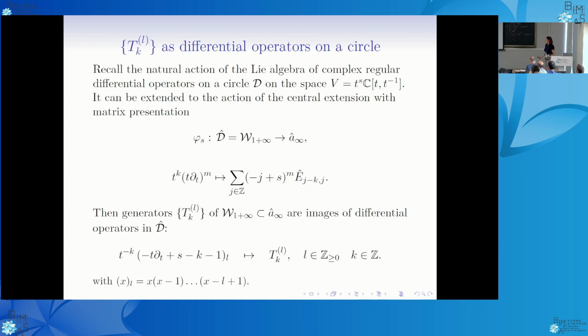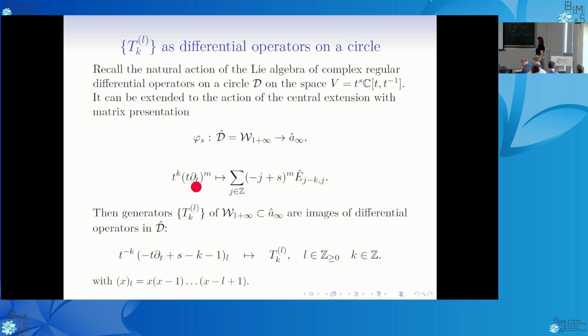And let's connect our first definition with the second definition. So the coefficients which we defined for these formal distributions, how are they related to differential operators? Let's recall that we have these differential operators acting on the space of Laurent polynomials, maybe just on one graded component. And we have had the basis.